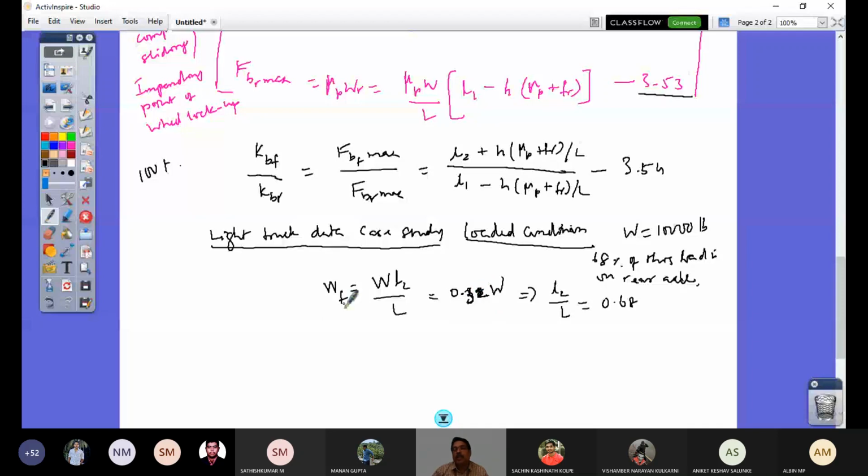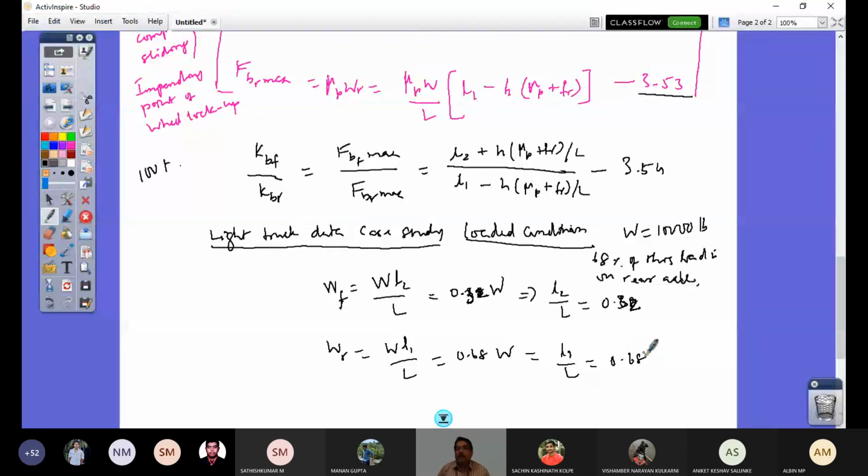So L2 by L is 0.32. And WR is WL1 by L, which is 0.68 of total weight. So L1 by L is 0.68. So please keep a note of this.